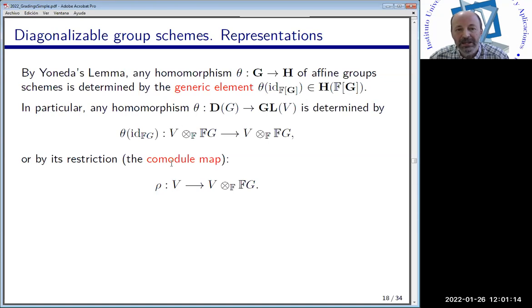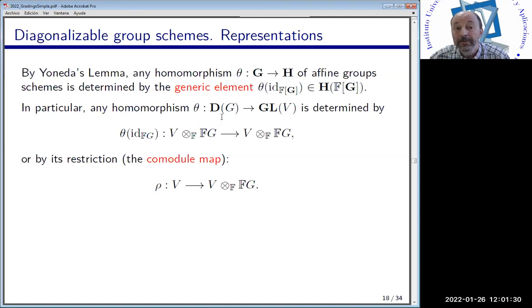What we get is the comodule map. So just Yoneda's lemma gives us that, it's quite interesting, that just this generic element determines everything about this homomorphism.